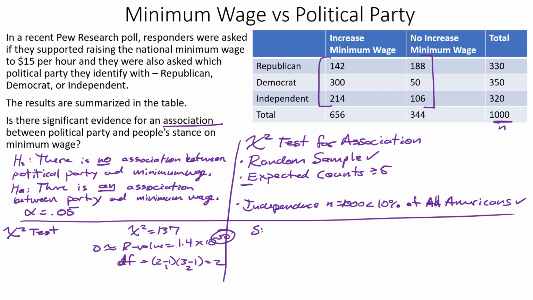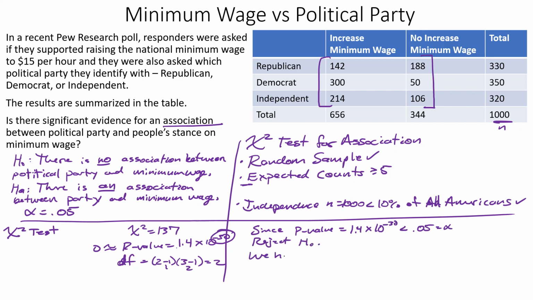All right. So now we say since the p-value equals 1.4, I'm not even going to try and write out the 30 zeros, times 10 to the negative 30th, is less than 0.05, our alpha, we are going to reject. Our p is low, so we reject our H0.